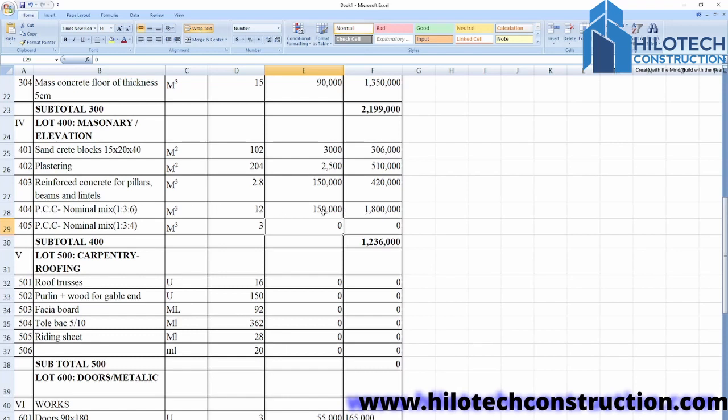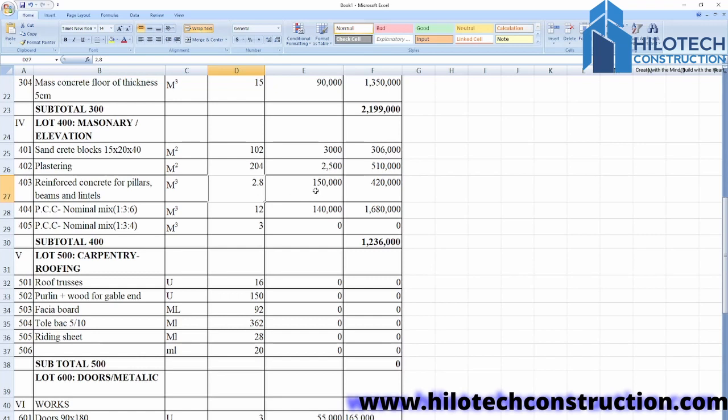So someone coming in here can decide to put, let's say, maybe 140,000, as you can see here. Now don't forget, this is for reinforced concrete. This is just for the nominal mix, but if it was for reinforced concrete, as we are looking at this level, this 150,000 is going to include the price of the rods, the sand, the gravel, the cement, water, and labor.